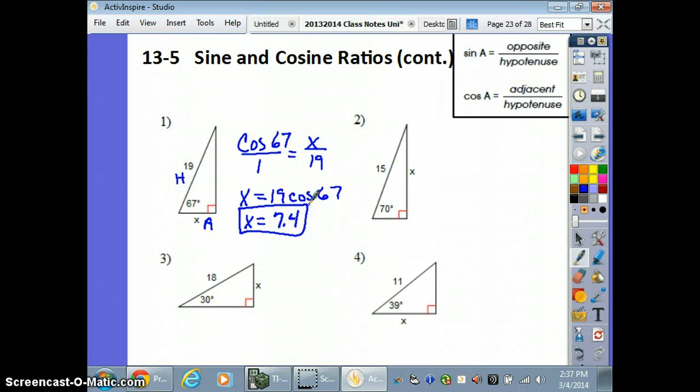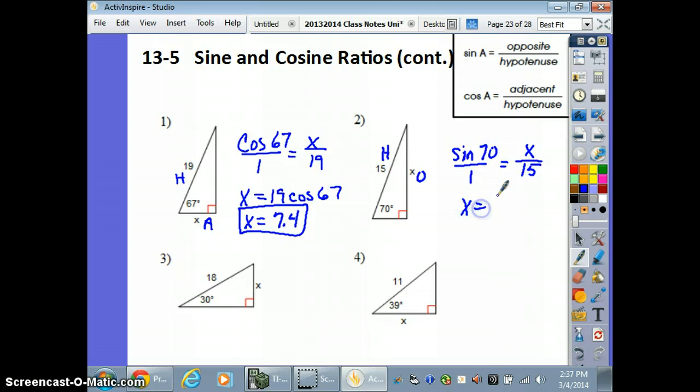Okay, the next one. Here's our reference angle. Here's our hypotenuse. This is opposite. Opposite and hypotenuse, so it must be sine. So we choose sine. Sine of 70 over 1 equals x over 15.